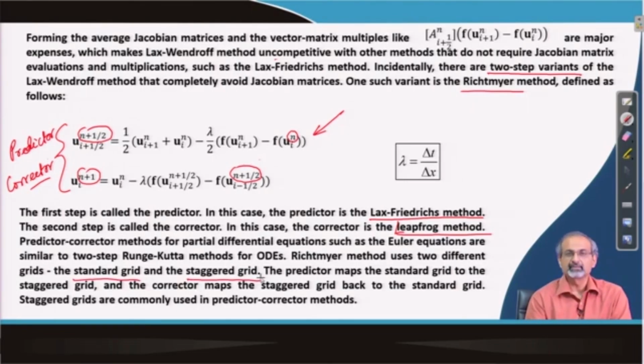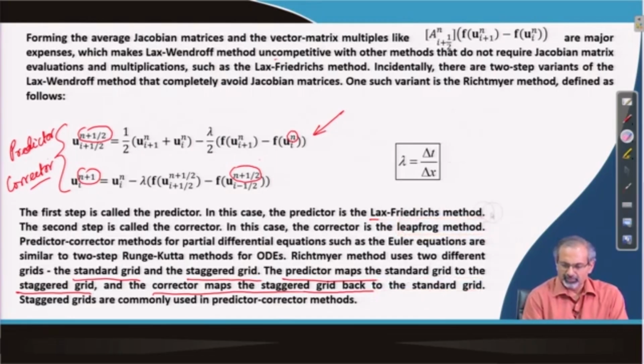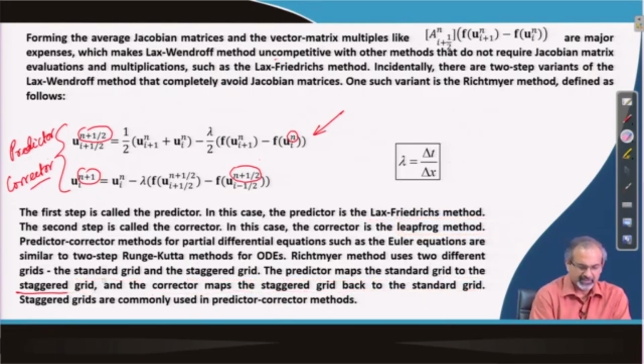The interesting thing is that the predictor maps the standard grid to the staggered grid, and the corrector step maps the staggered grid back to the standard grid. So, this kind of back and forth between standard and staggered grids also sometimes adds to the numerical robustness of schemes. Very often we find the use of both standard as well as staggered grid schemes in these predictor corrector kind of methods.